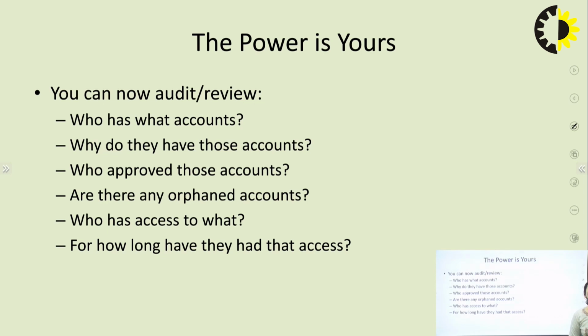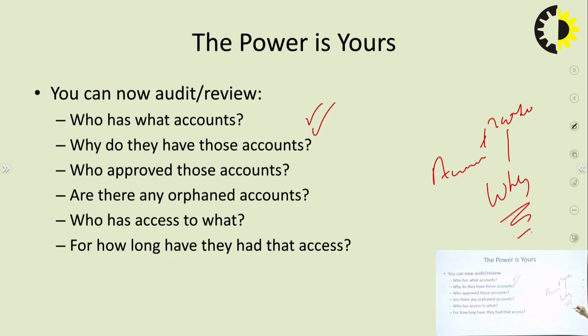Now, the important thing is that you can now audit or review who has what account. Why do they have those accounts? If I'm having any particular type of account, then who is having that account and why do we have those types of accounts? Why is there a necessity for those accounts?